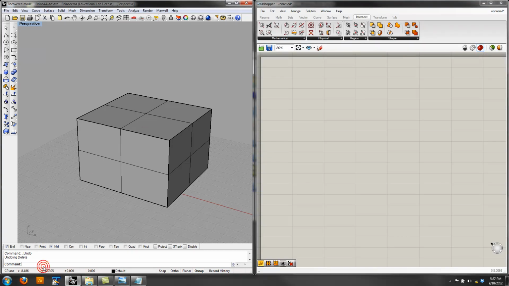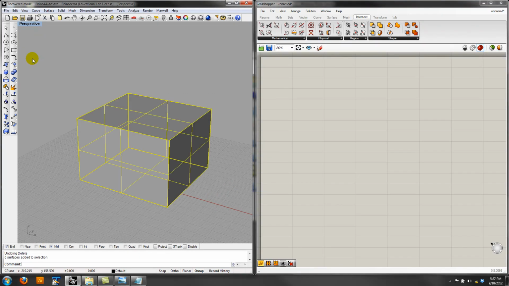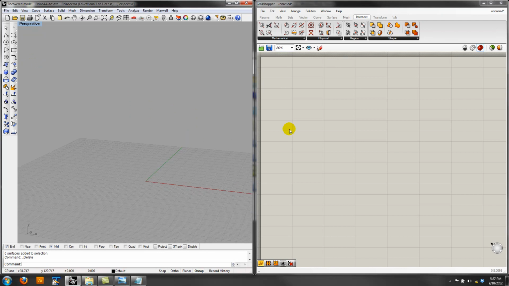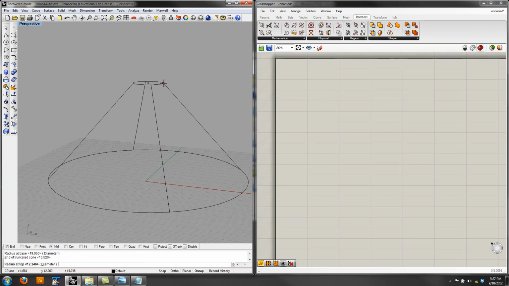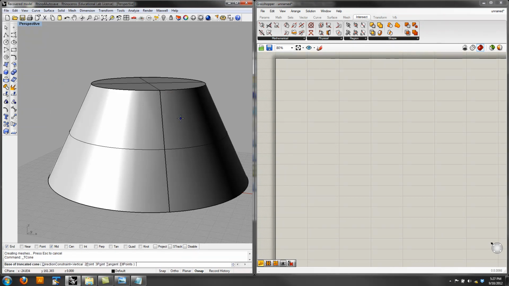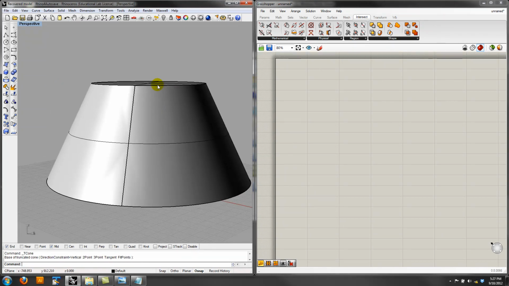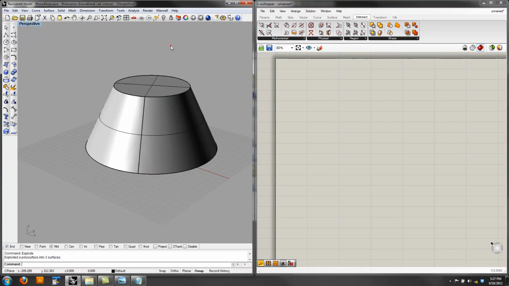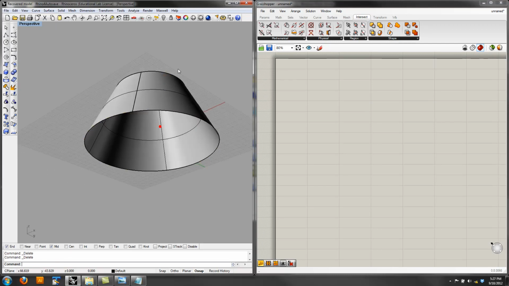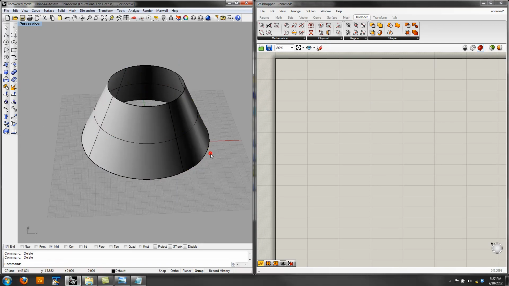So I've got Grasshopper fired up, and I'm going to start by making a shape, and then I'm going to explode this. I'm only doing this to speed things along here. I don't expect you to have to do this, but so we have a surface, and I've shown you lots of different ways to generate surfaces, right?